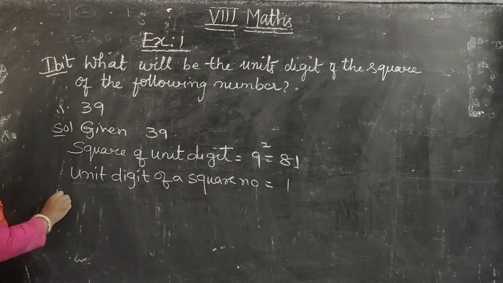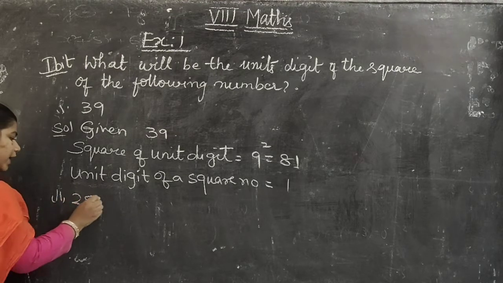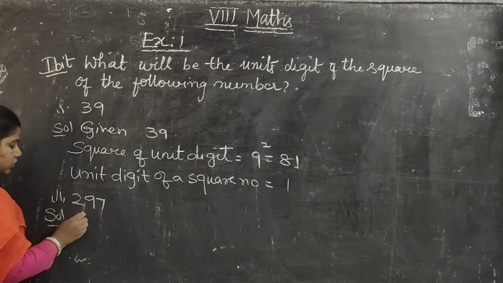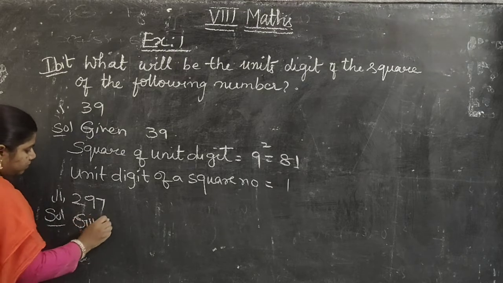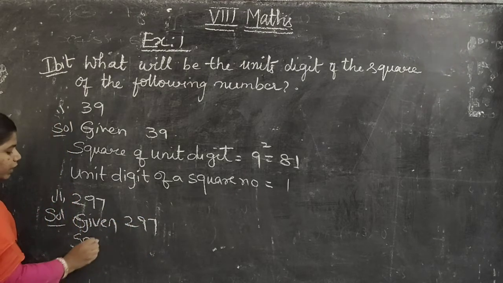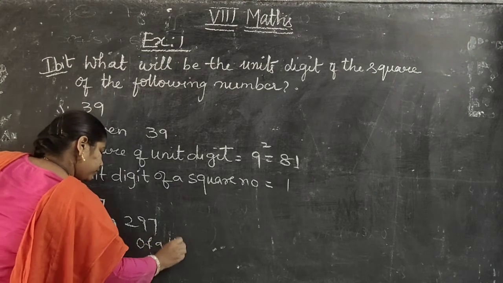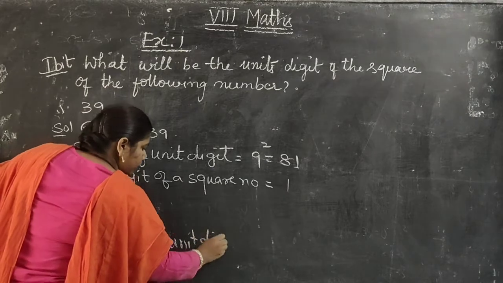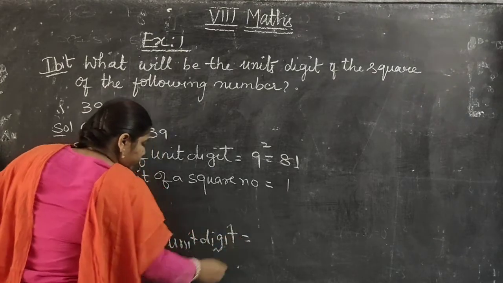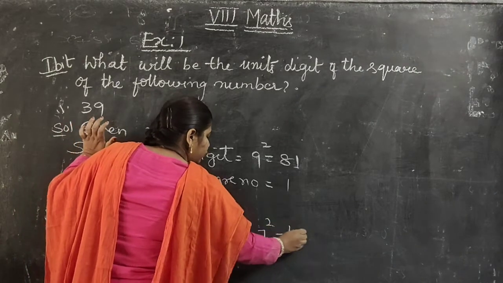So next one, that is 297. The given number is 297. First we have to find the square of the unit digit. What is the unit digit here? 7. So 7 square will be equal to 49.